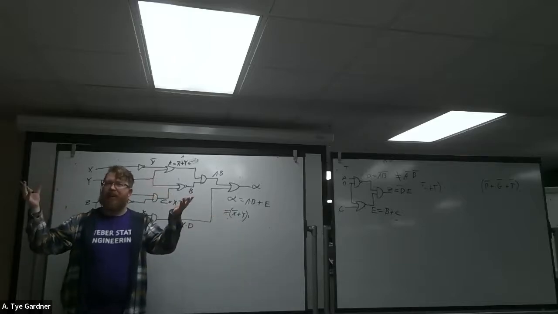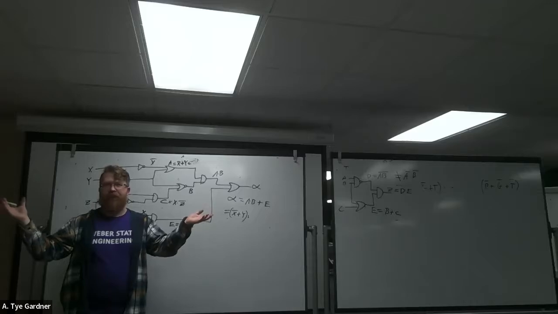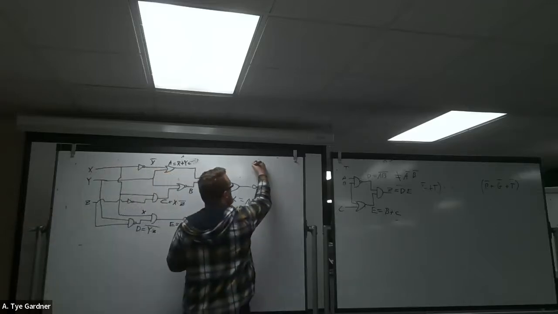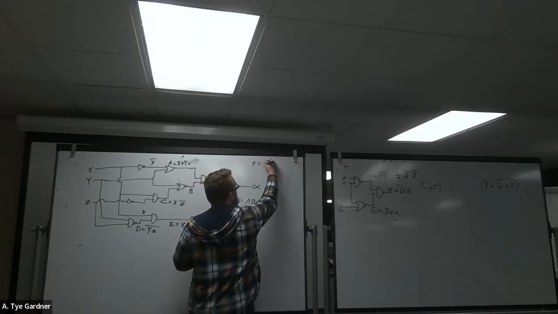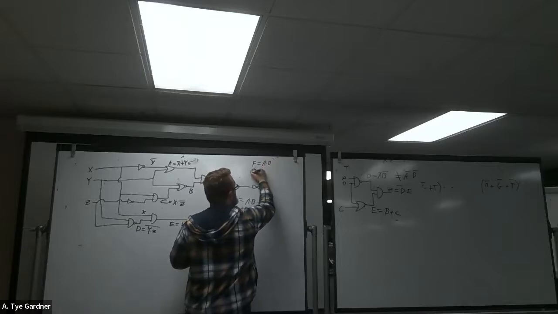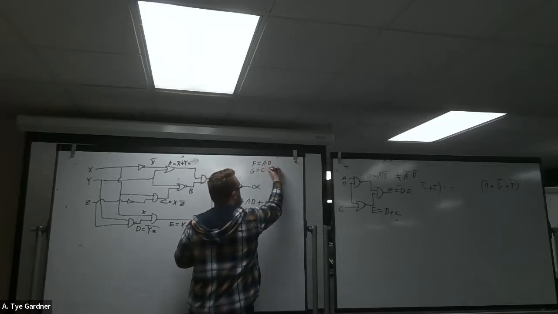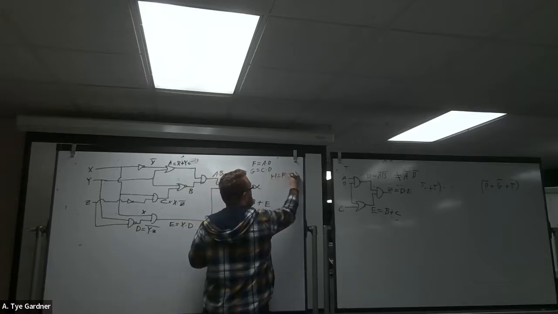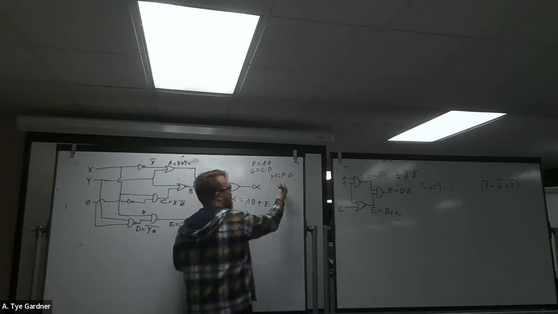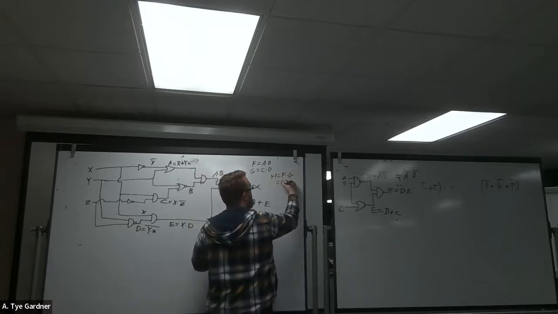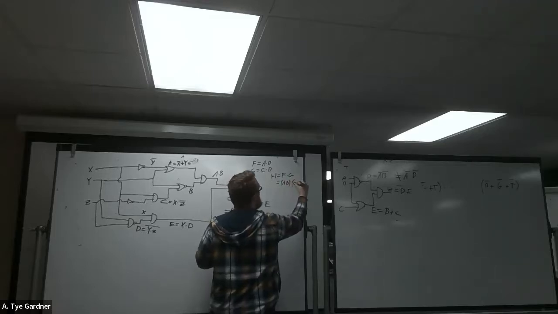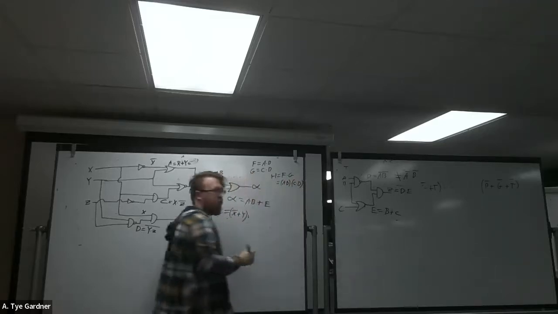You're better off adding more parentheses than fewer, because if you had something like F is equal to A and B and G is equal to C and D, and then I wanted H to equal F and G, and I kept the parentheses, then I would say that is equal to A and B and C and D, right?